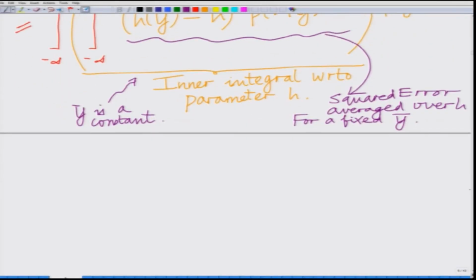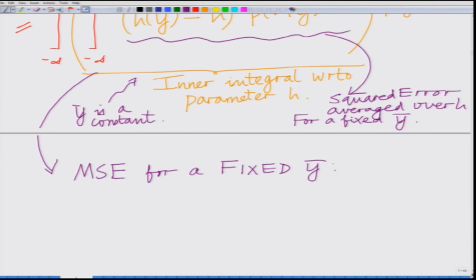So, this inner integral is the MMSE for a fixed observation vector y bar.